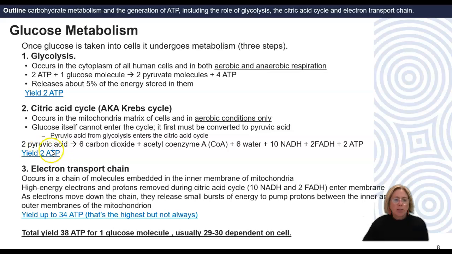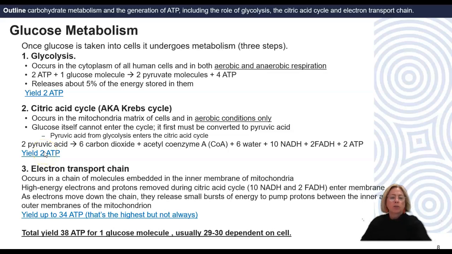So what you end up with is 2 pyruvic acids giving carbon dioxide plus acetyl coenzyme A plus 6 waters, plus all of these plus 2 ATPs. And that's what we're interested in here. So the net yield of ATP from the citric acid cycle is 2 ATPs.